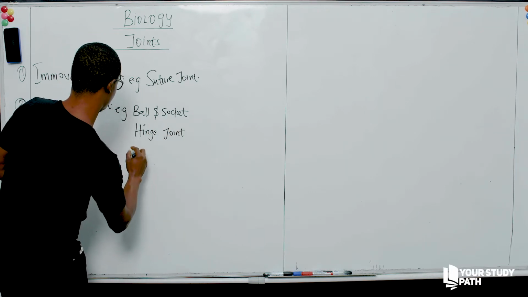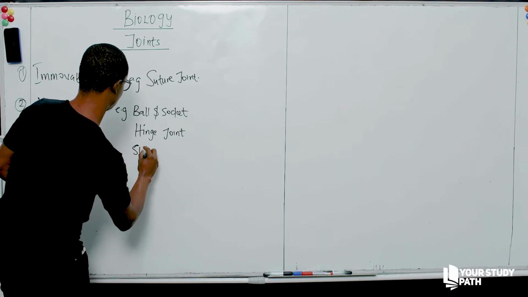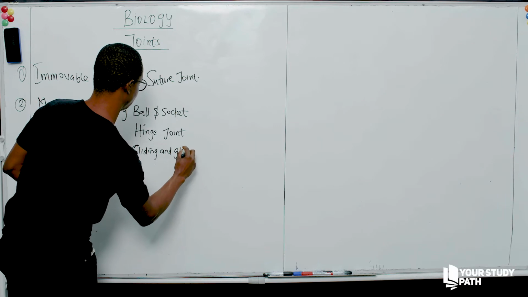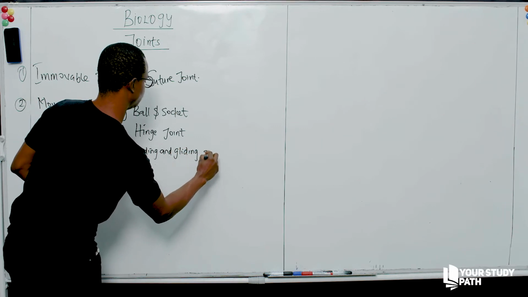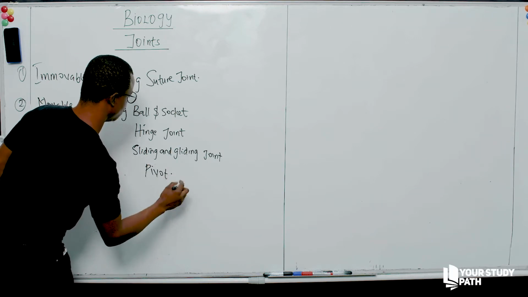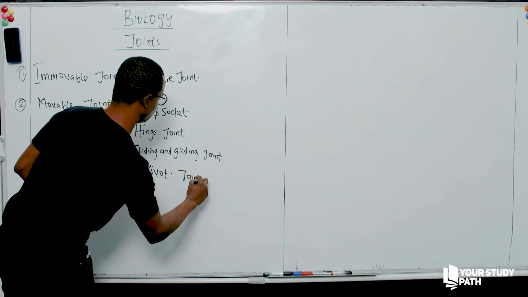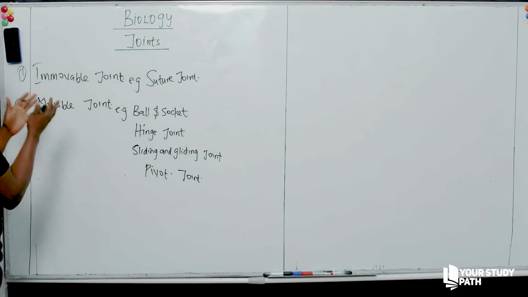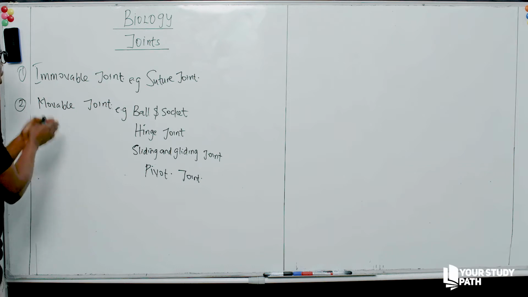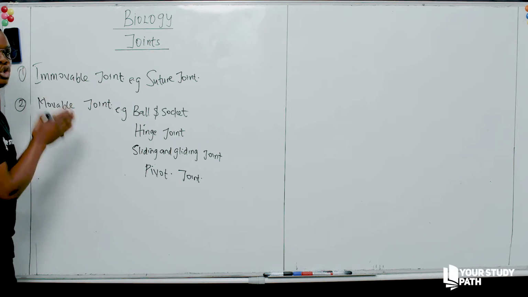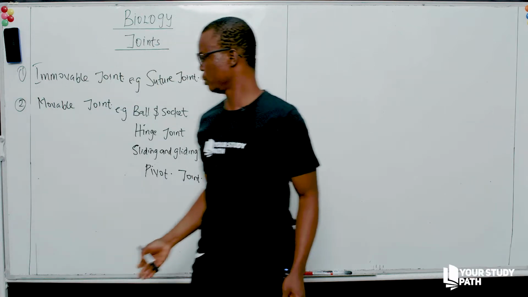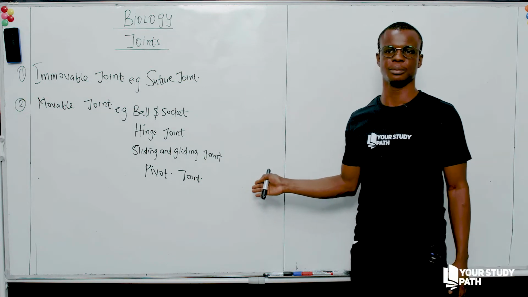We have the sliding joint. We have the pivot joint. These joints can move and rotate in the body of an organism.